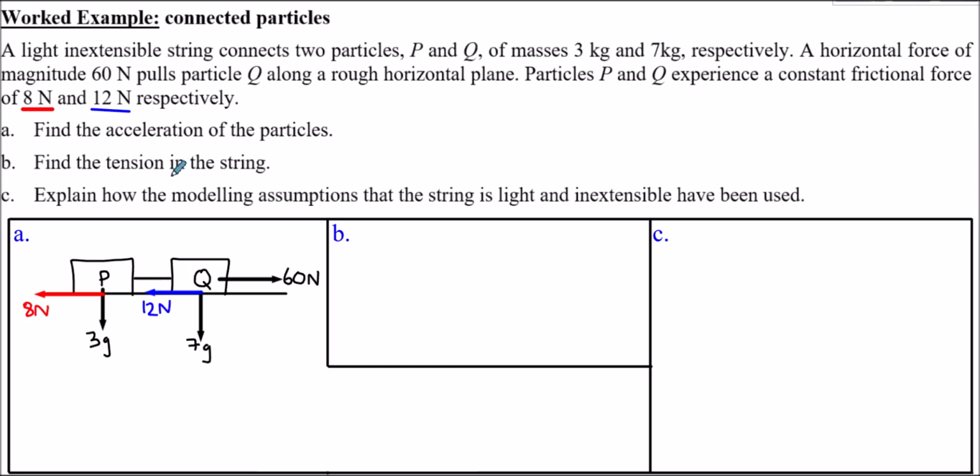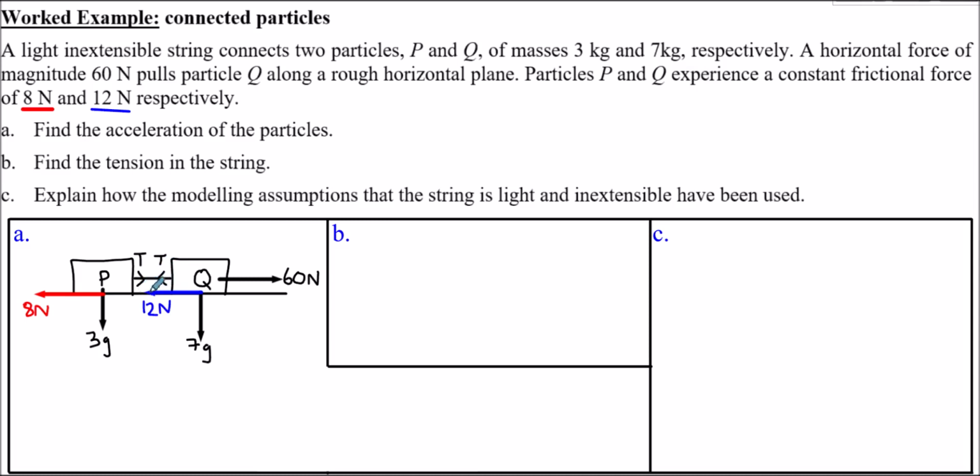Now, just reading ahead in this question, it does mention a tension in the string. Now, tension is a strange force. Tension always acts away from the object the string or rope is attached to. So relative to P, the tension will be going away from P, but relative to Q, the tension will be acting away from Q as well, so it's acting in different directions along the same string.